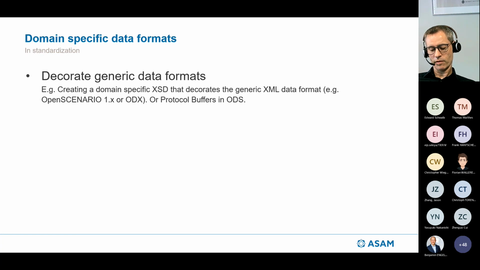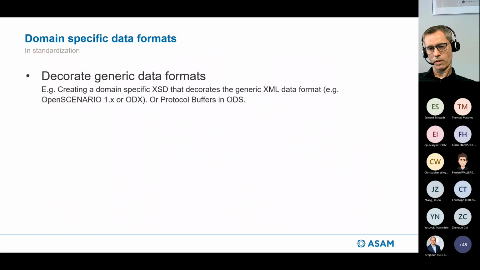Many standards define data formats as normative output, just to enable the parties to share these domain objects and to encode these domain objects in a specific format. And there are several ways to do that.